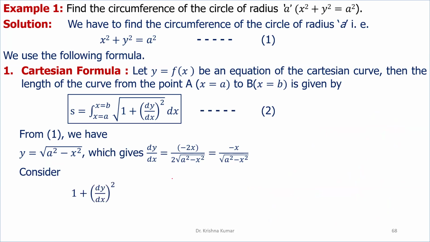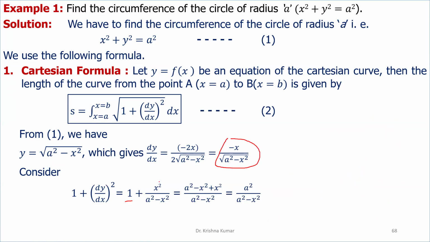Consider 1 plus (dy/dx) whole square. So 1 plus, what is dy/dx? It is minus x upon root a square minus x square. So it will become minus x square, which is x square. And if we take the square of root over a square minus x square, the root sign will be removed. Now if we take the LCM, it is nothing but a square minus x square.